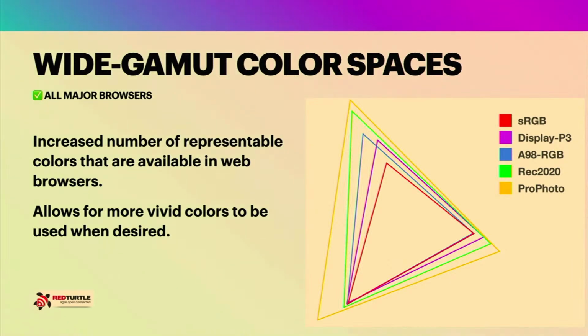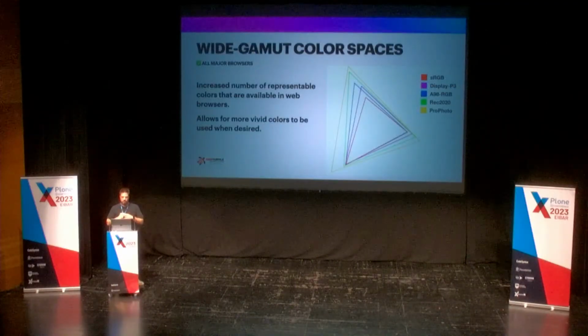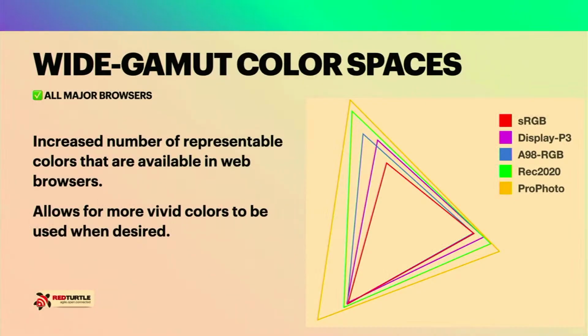So we now have access to additional color spaces. They have a wider gamut than the one that we are used to. So the number of colors that we can represent are available now for the web as well. And you are also already used to that because you have seen beautiful photography with those vivid colors.